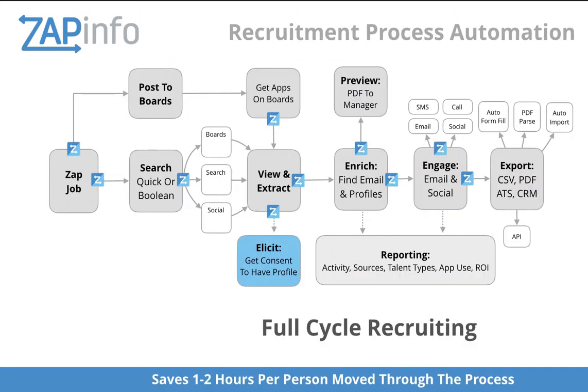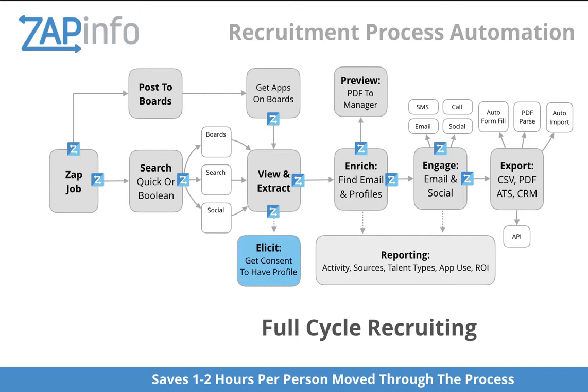We automate the recruiting process from the very beginning, allowing you to zap a job. It instantly deconstructs that job and turns it into searches, where even maybe your most junior recruiters can now instantly become experts at how they would source and search for people on the job boards, search engines, and social networks. It will then view and extract the data.